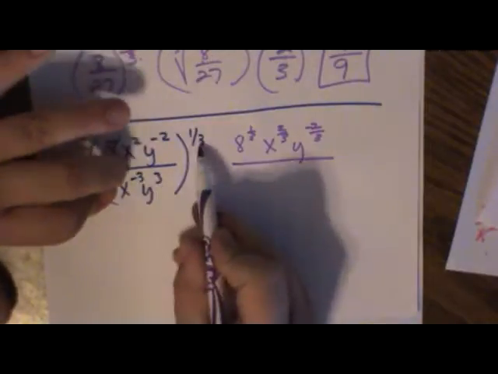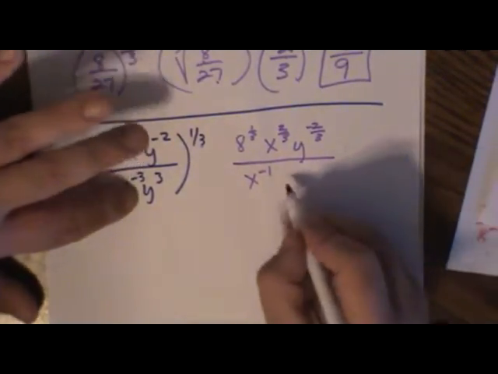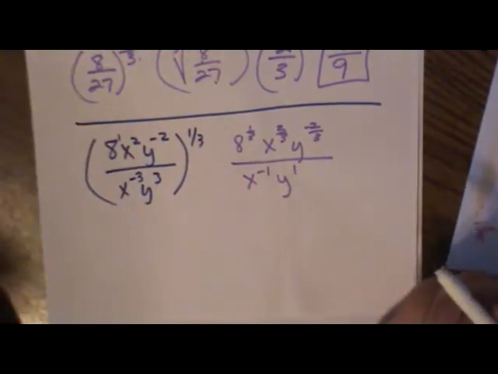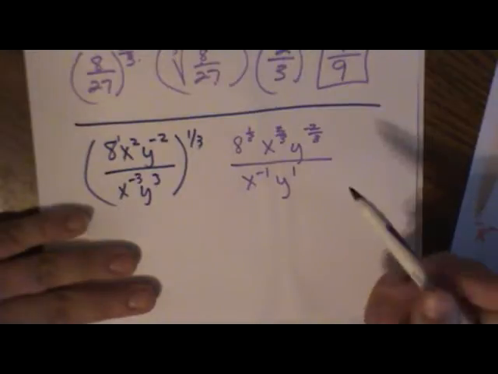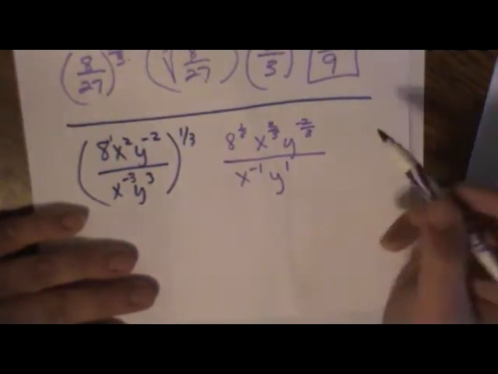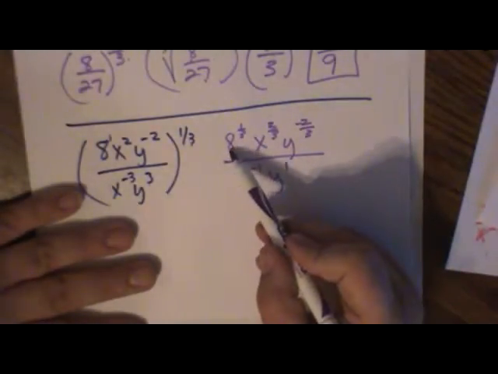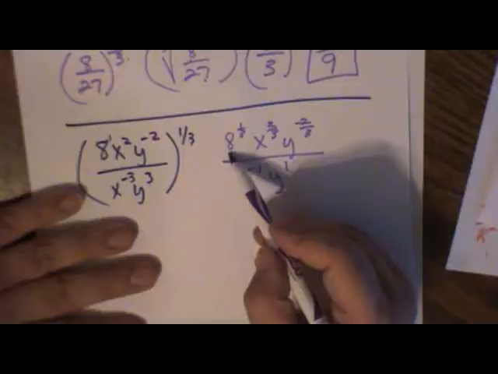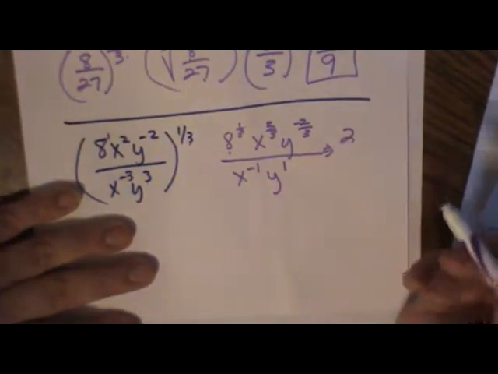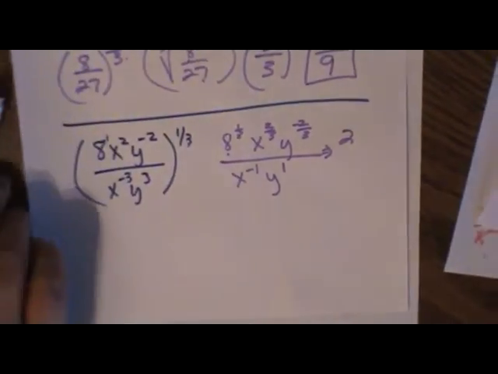So we have a negative 3 times 1/3 gives us a negative 1. And y, 3 times 1/3 is 1. Now we want to try to reduce and simplify it. So what is the cube root of 8? It is 2. Then we have x's here.